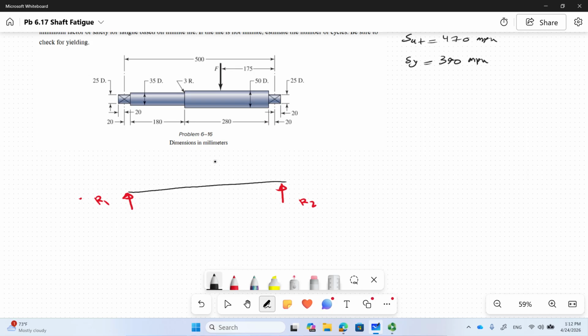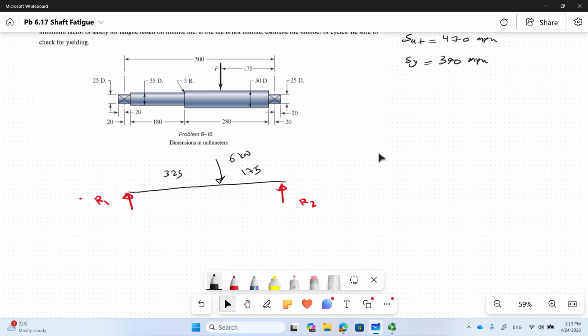We have that 6 kilonewton force. The distance from the right bearing to the force is 175. The total length of the shaft is 500. So 175 millimeter on the right, and the left is going to be 325.